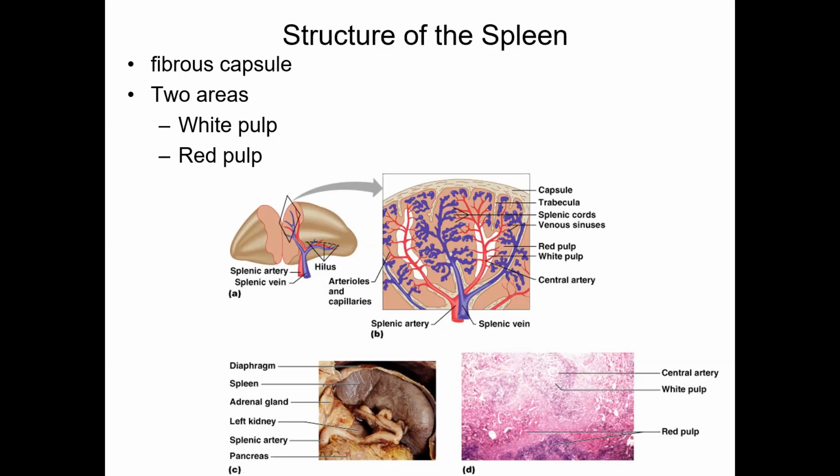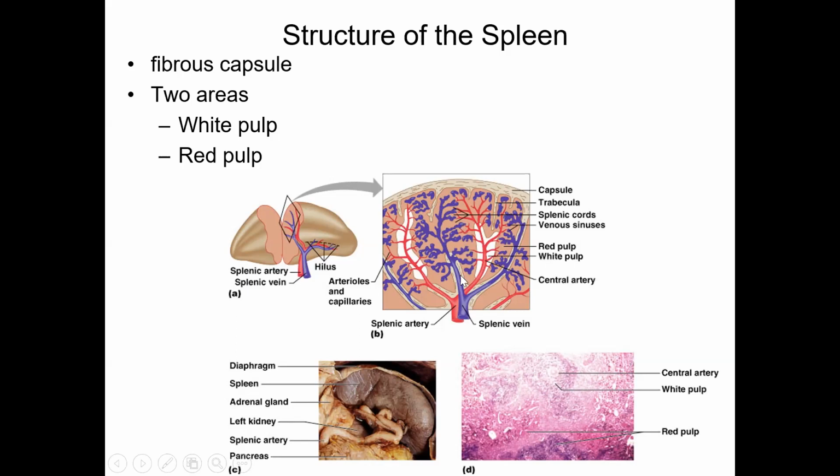Sinusoid capillaries are the most permeable capillaries. They have huge gaps on the lining, so some of the blood can get out from the sinusoid and then spread in these spaces.